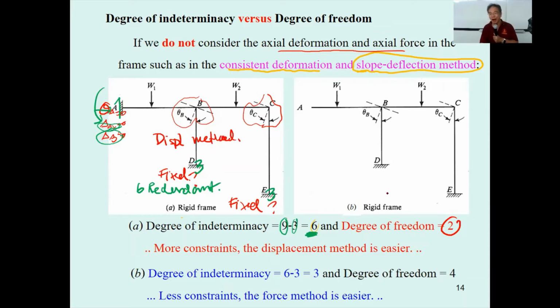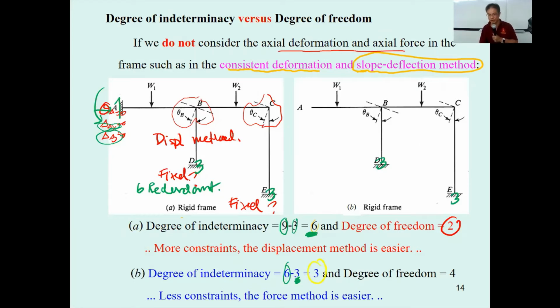Now consider this one. If you come to this one, you have this one as the reaction, this one as reaction, total of 6. And you have three equations per one free body diagram of the whole frame.